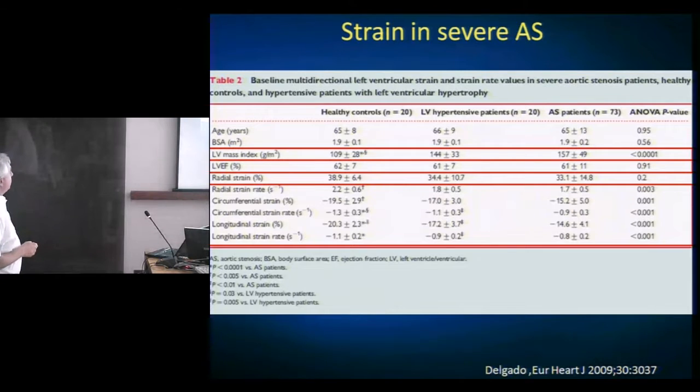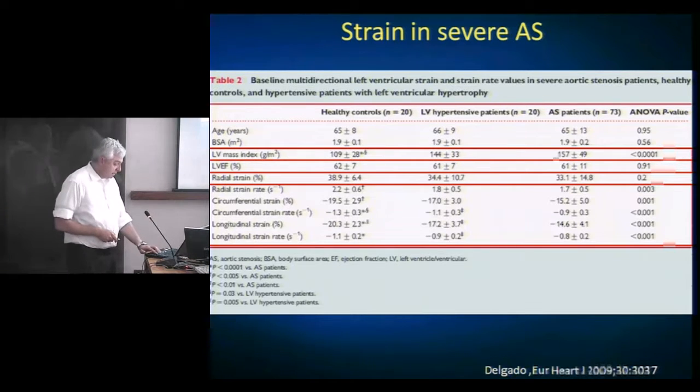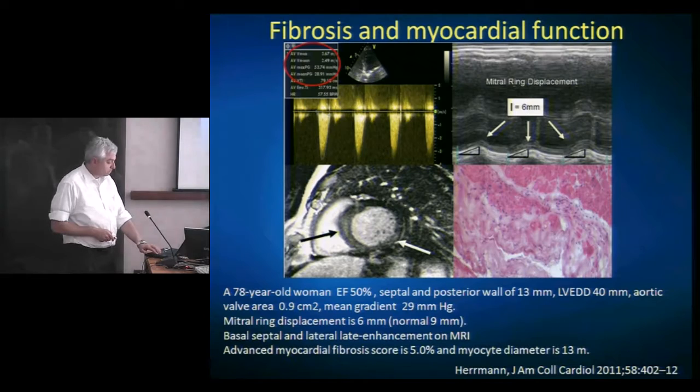And here's a study that shows LV hypertensive patients and AS patients. In terms of radial strain, they are also affected, but it doesn't reach significance, and you can see that circumferential strain and especially longitudinal strain are much more affected in AS patients.